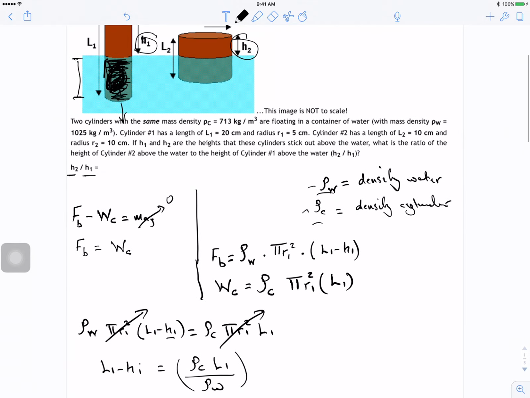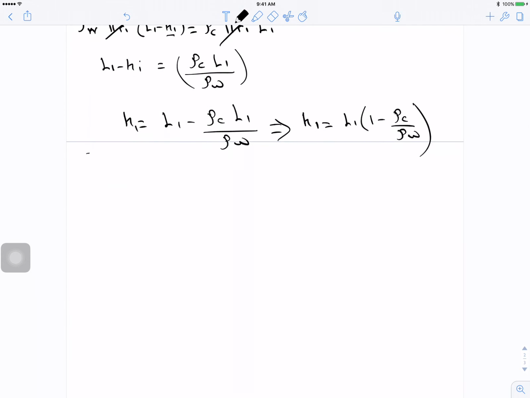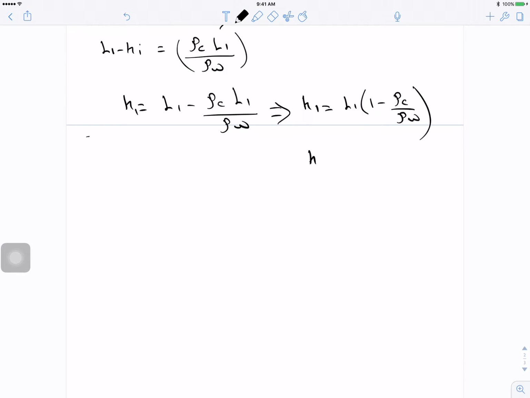So in the first question, they asked us for H2 divided by H1. H2 will be the same. So H2 will be L2 times 1 minus PC divided by PW.